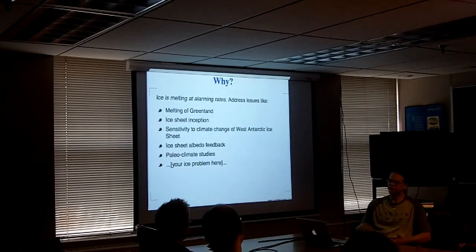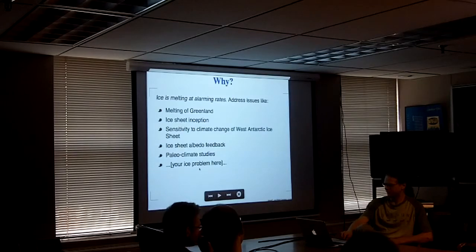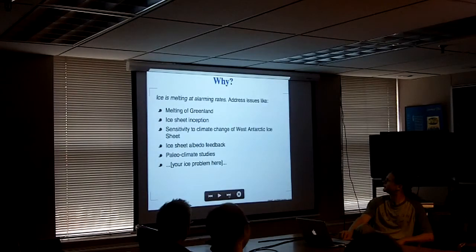Hopefully our answers today are pretty good. And obviously paleoclimate, and whatever ice problem you have here, I think hopefully I've convinced you that this is a great, fun, important field, and there will be lots of amazing things we can do if we just have, you know, sharks with laser beams tied to their heads.